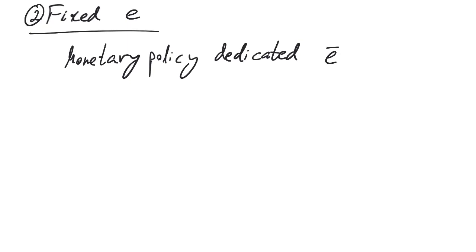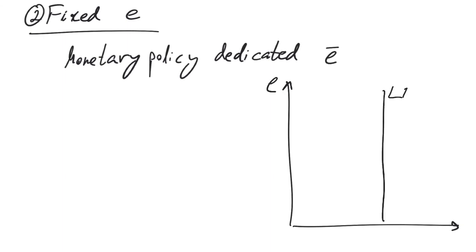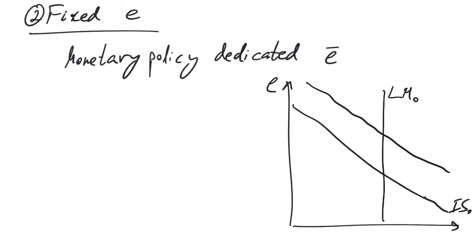And to see that, we can look at the diagram again. So let's say that we have an initial IS curve and an initial LM curve. Now let's say that we run some fiscal policy that changes the IS curve.